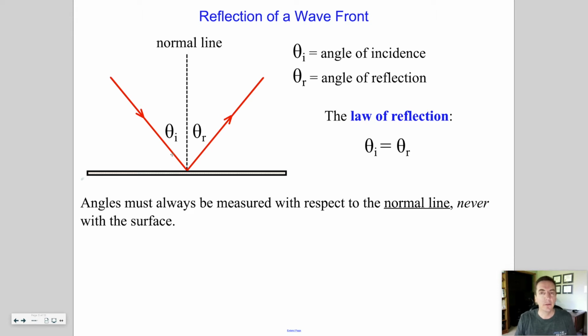And that's pretty intuitive, right? Particles also reflect off things. You can bounce a ball off the wall or off the floor. If you throw a golf ball at the floor at a very steep angle, it's going to bounce up at a steep angle. If you throw it at a very shallow angle, pretty horizontal, then it's going to bounce up at that same shallow angle. So that's all this is.